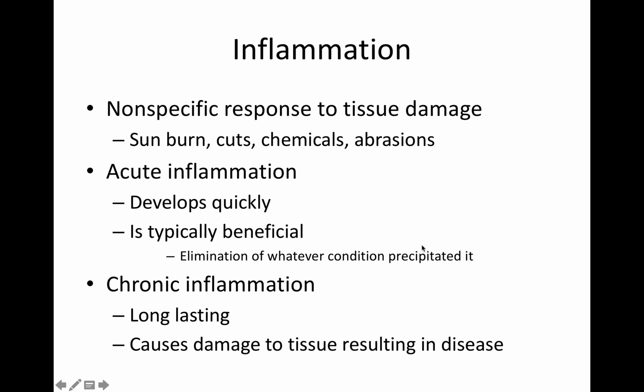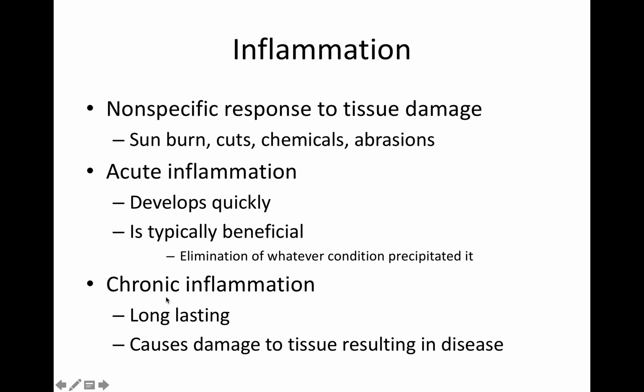Inflammation is another innate immune response. This is a nonspecific response to tissue damage. So sunburn, cuts, chemicals, abrasions, any injury can cause inflammation. There are two different types. There's acute inflammation, which develops quickly and is typically beneficial, eliminating whatever condition caused it.